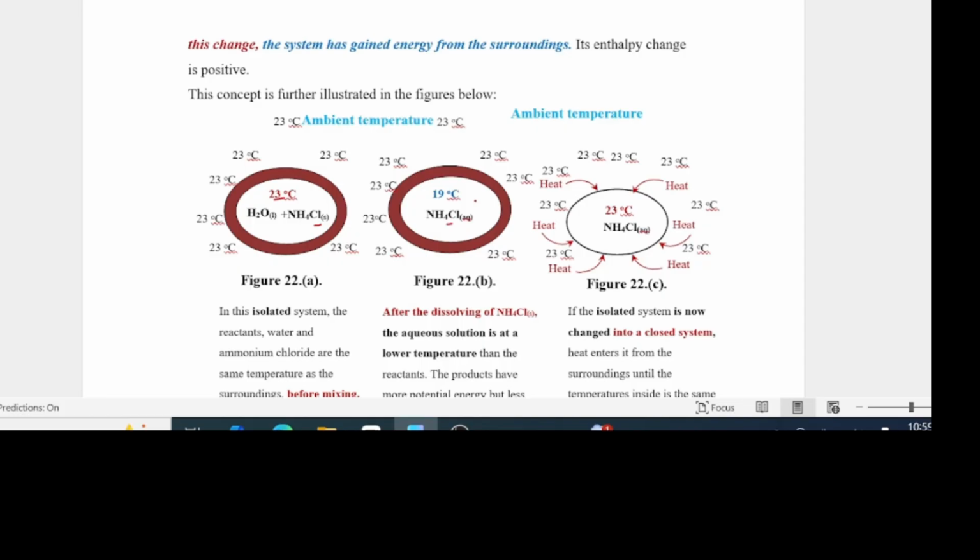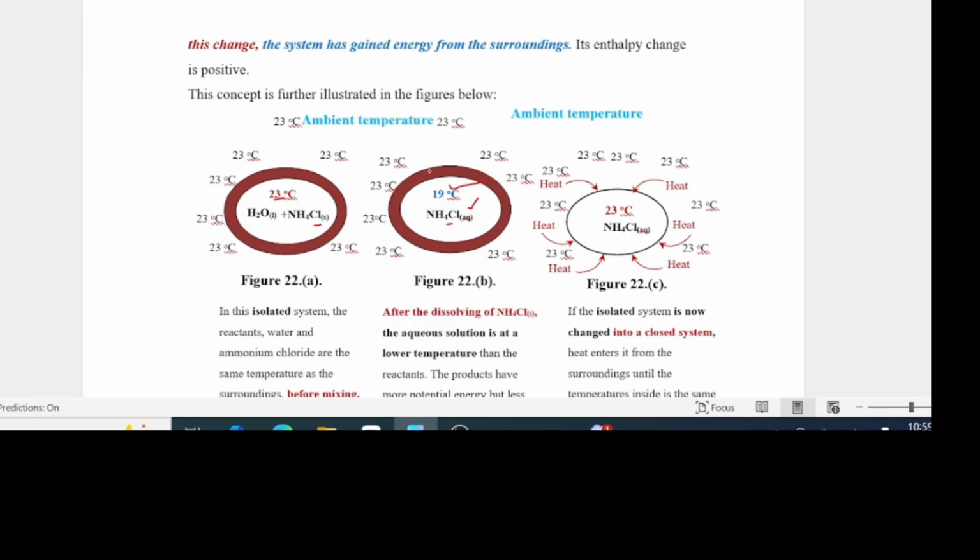Like we said before, these will have higher potential energy, but because of the law of conservation of energy, if it gains potential energy, then its kinetic energy will get less. As a result of that, the particles will slow down, and that is manifested as a lowering of the temperature. This will remain here forever if no one interferes with that.